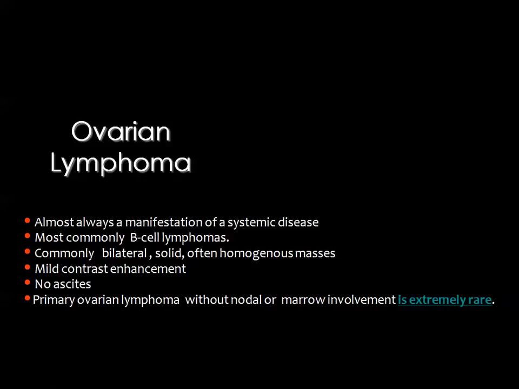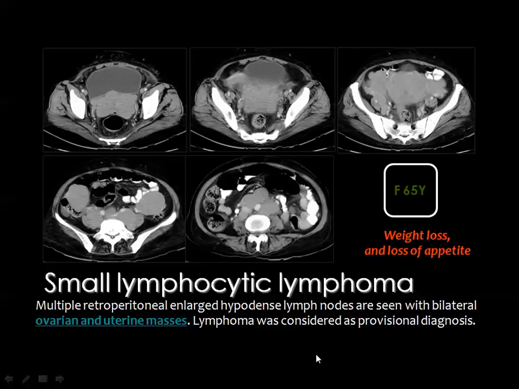Then you should know that primary ovarian lymphoma is extremely rare, and lymphoma of the ovaries or of the uterus is usually secondary to lymphoma elsewhere in the body. In order to diagnose it, you should know from the clinical picture that the patient had lymphoma elsewhere in the body, or you can see the stigmata of lymphoma in the scan.